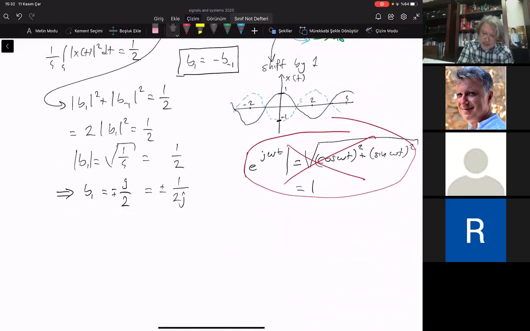So the answer is eventually x of t is either plus or minus of cosine 2 pi t over 4.